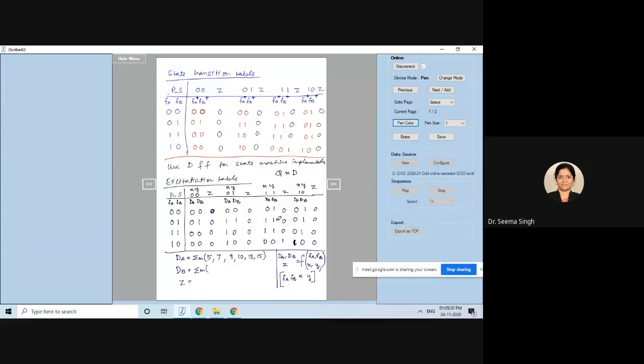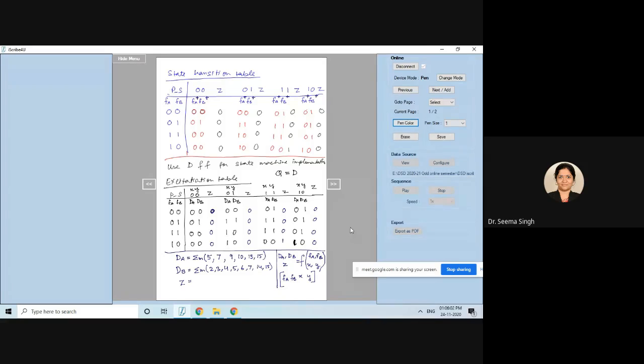So 3. 0, 1, 1. So it is a 7. And like this, I am listing the answer here. It is 2, 3, 4, 5, 6, 7, 40 and 15. So you can see how many ones I had. 1, 2, 3, 4, 5, 6, 7, 8. So I should have my 8 minterms here based upon these ones, right?